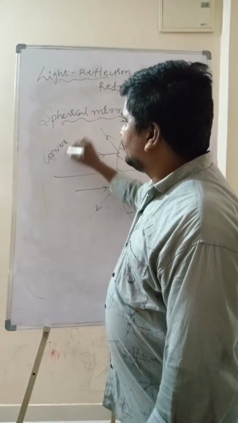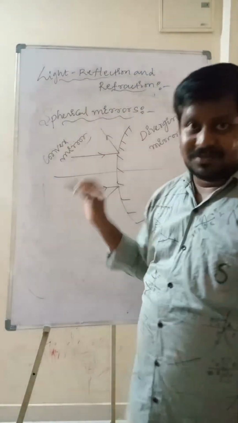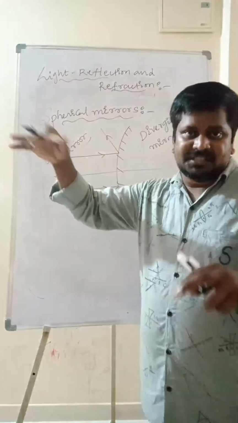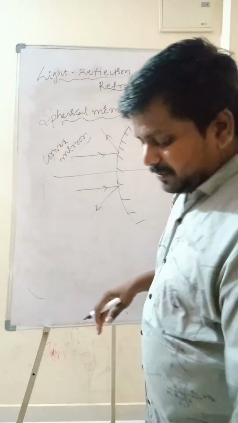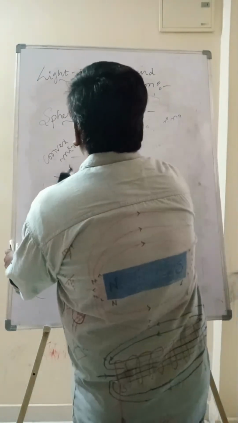What is this mirror? A convex mirror. After the light rays are incident, they will be diverging, moving away from it. That's why it is called a diverging mirror. Clear? Nice.